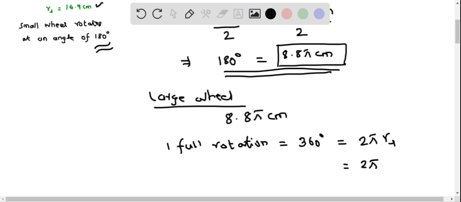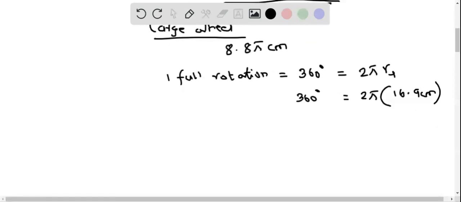So we get 2 pi times 16.9 centimeter, so 360 degree equals 2 pi times 16.9. Let me multiply 16.9 with 2. So I get 33.8.